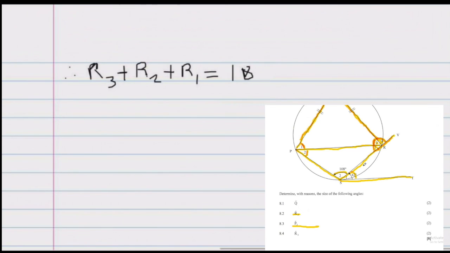My reason would be angles on a straight line.